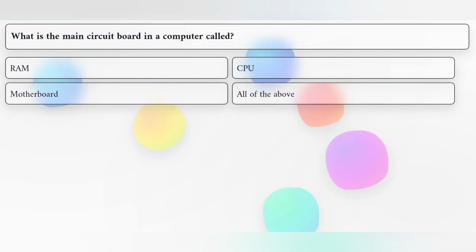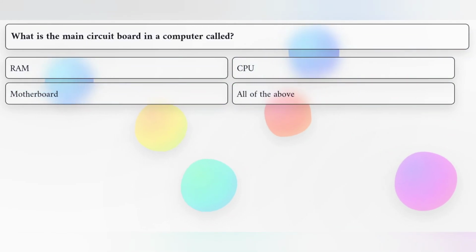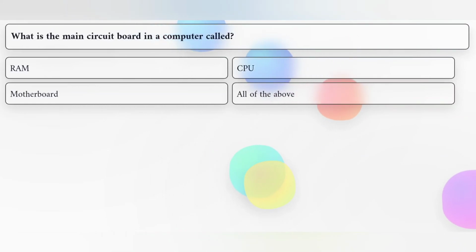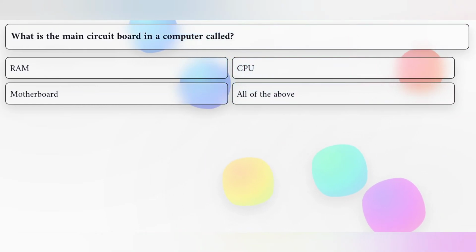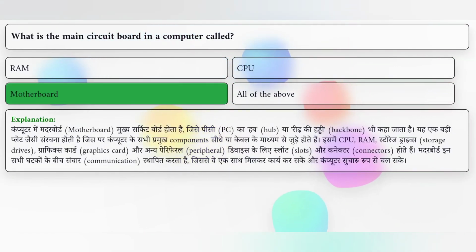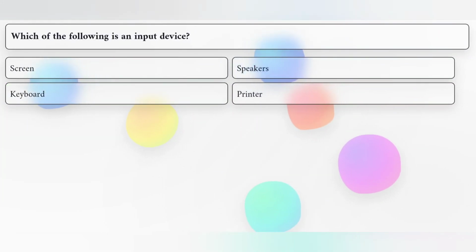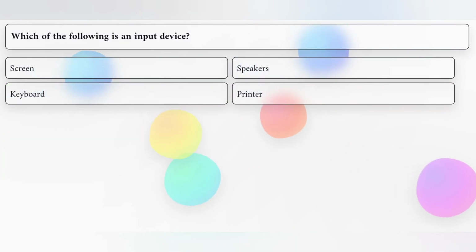What is the main circuit board in a computer called? RAM, CPU, motherboard, all of the above. Which of the following is an input device? Screen, speakers, keyboard, printer.